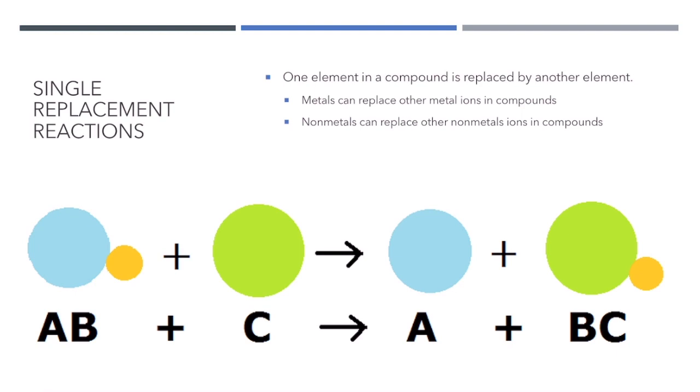All right, and this next one that we're going to talk about is a single replacement reaction. And this is the last type of redox reaction that we're going to learn about. In this type of reaction, one element in a compound is replaced by another element. So this could take the form of metals replacing other metal ions in a compound, or a non-metal coming along and replacing another non-metal ion in a compound.